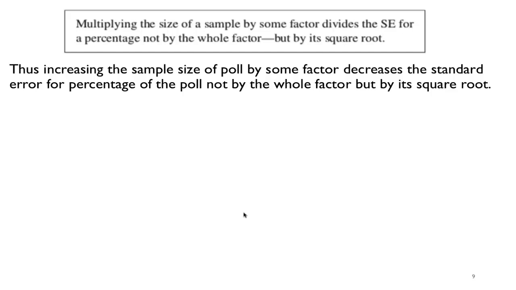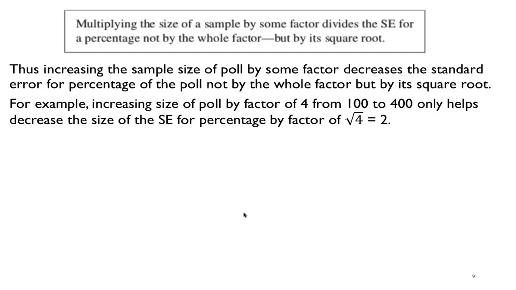We can't just keep increasing our sample size, because there are diminishing returns: the error decreases only by a smaller factor, not the whole factor. We saw in the last example that increasing the sample size by 4, from 100 to 400, decreases the size of the error by a factor of 2, not 4.